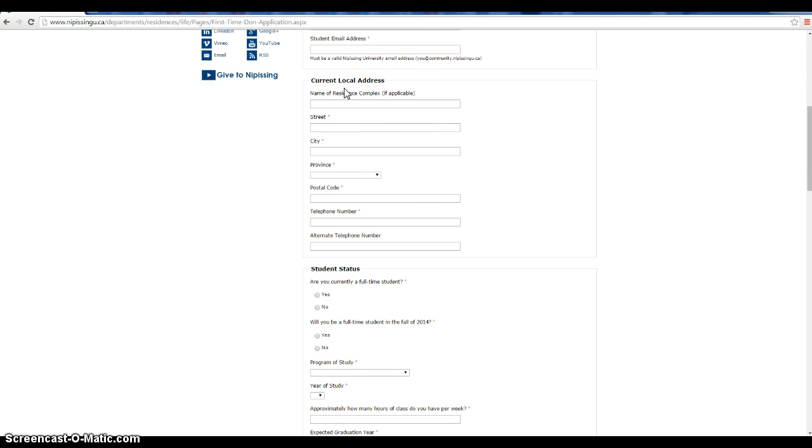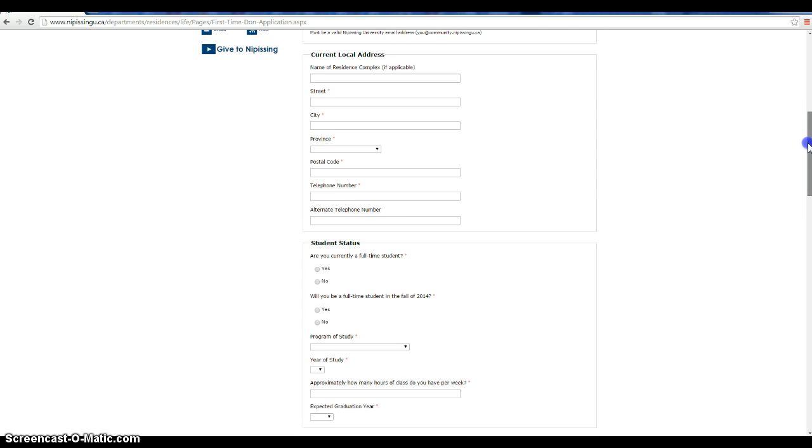The current local address, we are looking for your North Bay address. These positions are not restricted to people currently living on campus, so all students are encouraged to apply, and if you are currently living off campus, please just provide your street and address information.